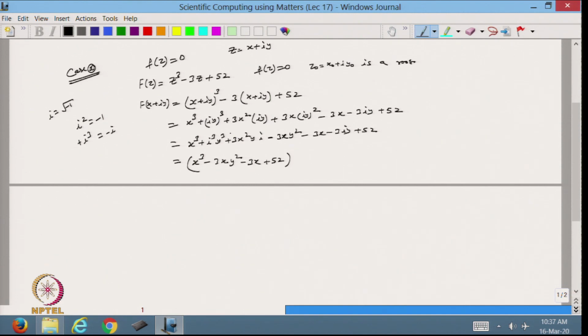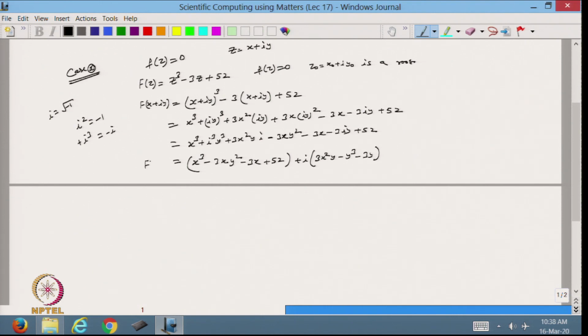This is the real part, because here I have i, and the imaginary part will be 3x square y minus y cube, because this will be minus i from i cube, and minus 3y. So that will be the real part and the imaginary part.